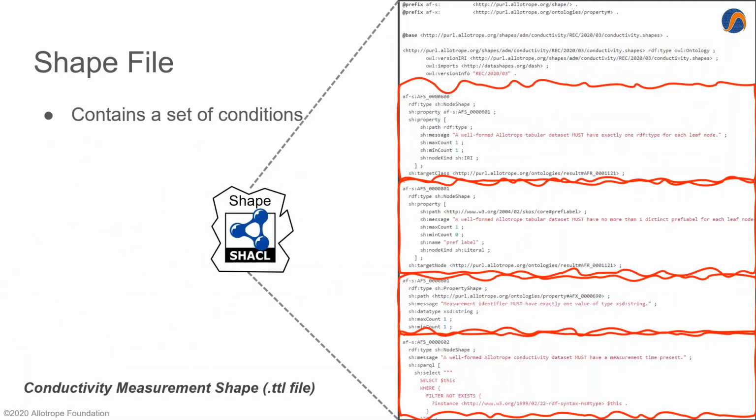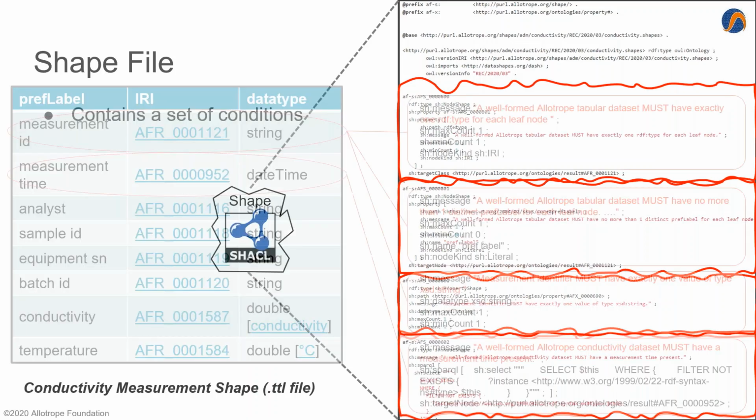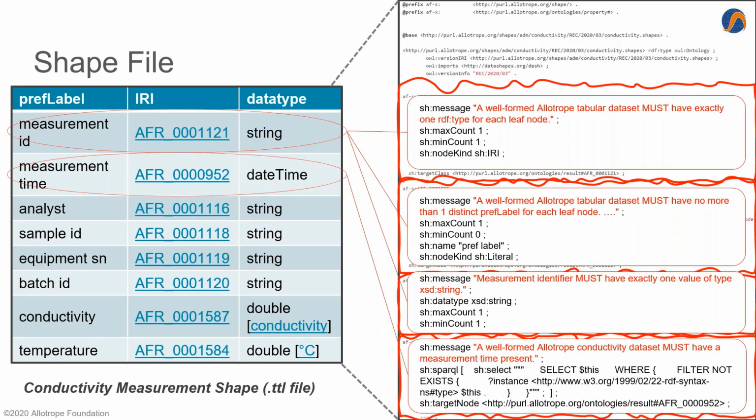When we dive into the shape file, we have plenty of conditions. And this is just a screenshot of part of the shape file in Turtle format. When we model a tabular table, we will have a set of conditions for each row in our table.